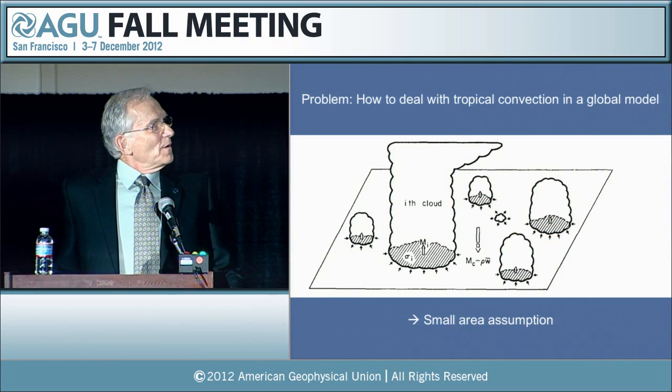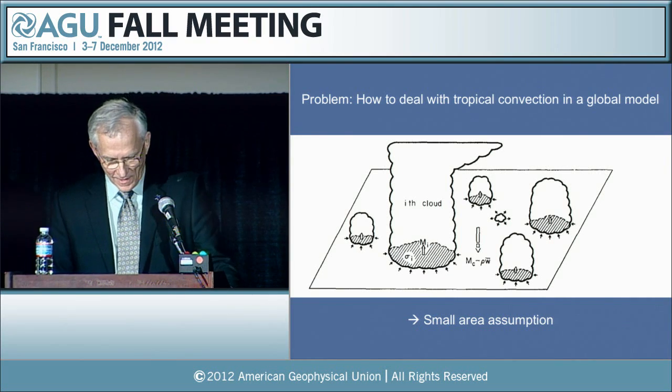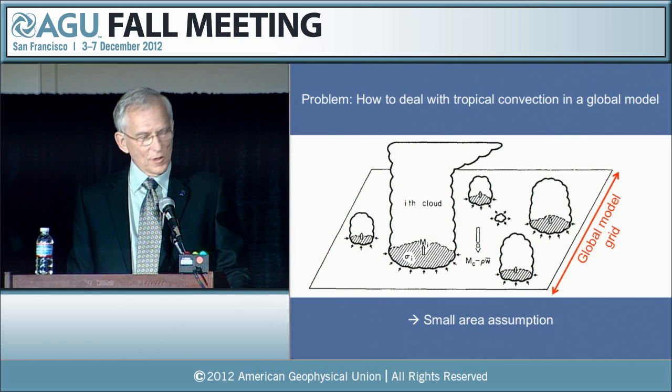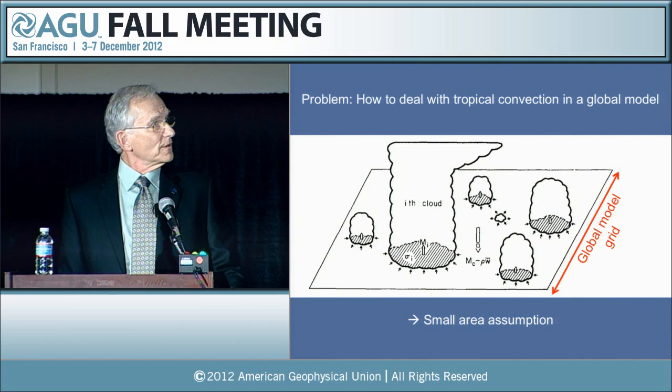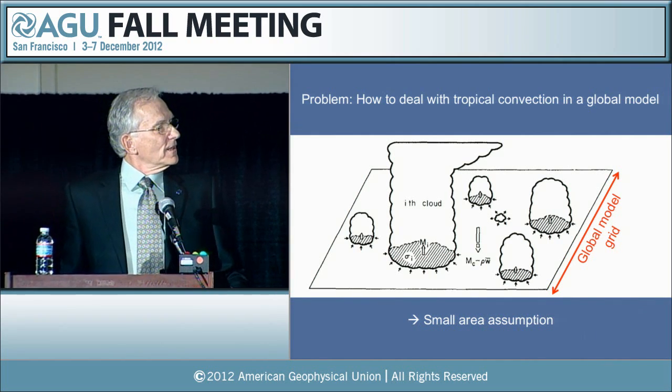In GATE, what was on people's minds then was the fact that clouds were small and the grid elements in global models were rather large. They were on the order of 100 kilometers, which is much greater than the size of many convective clouds.